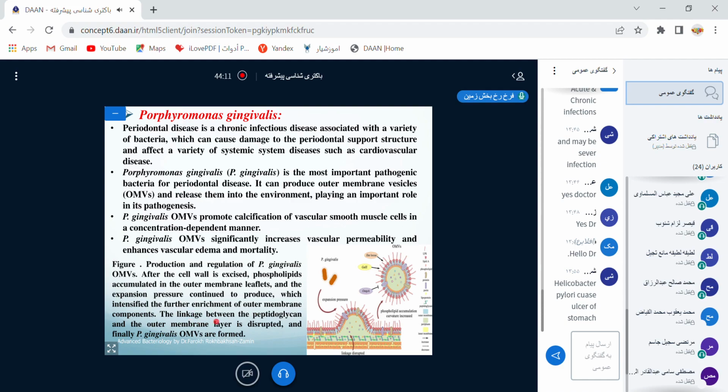The linkage between peptidoglycan and the outer membrane layer is disrupted. And finally, OMVs are formed.